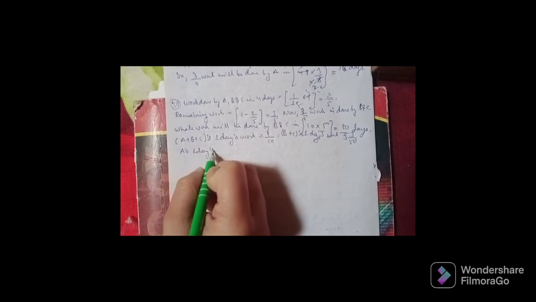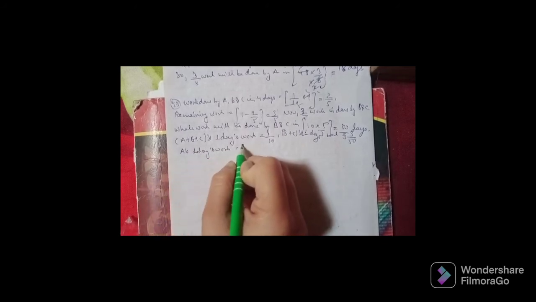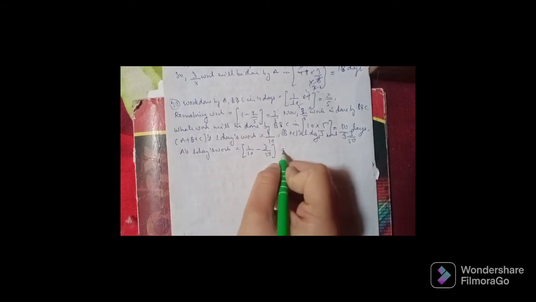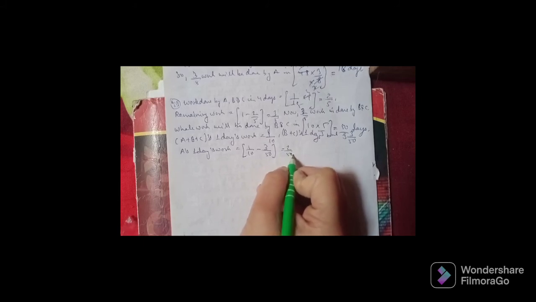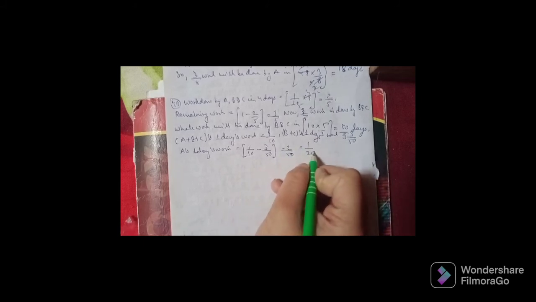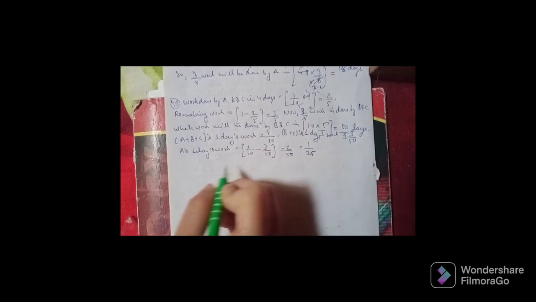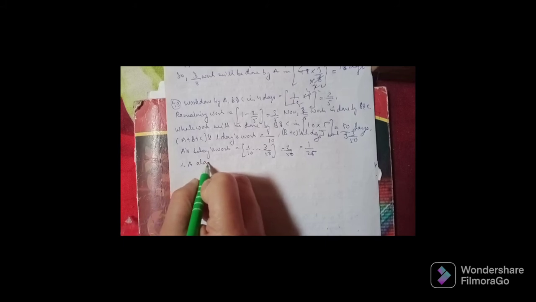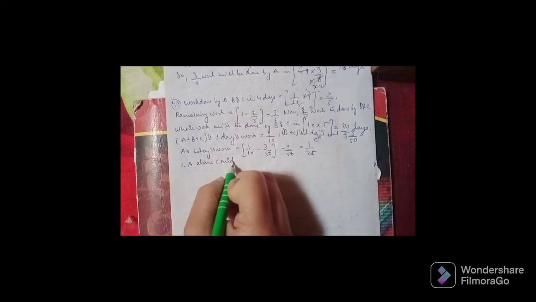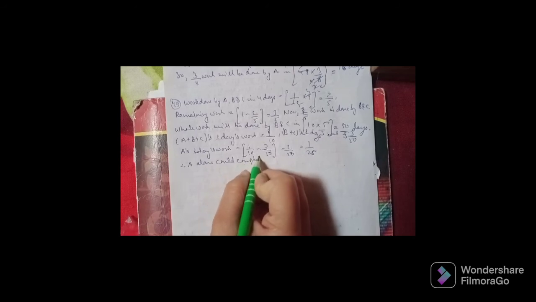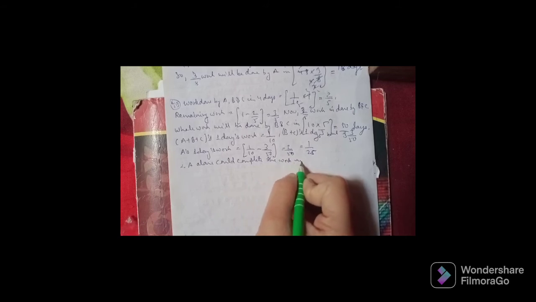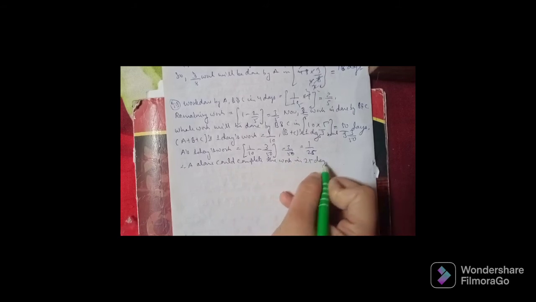So A's 1 day's work equals 1 by 10 minus 3 by 50, equals 2 by 50, equals 1 upon 25. A alone could complete the work in 25 days.